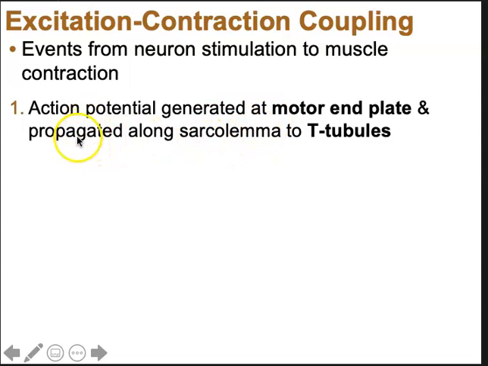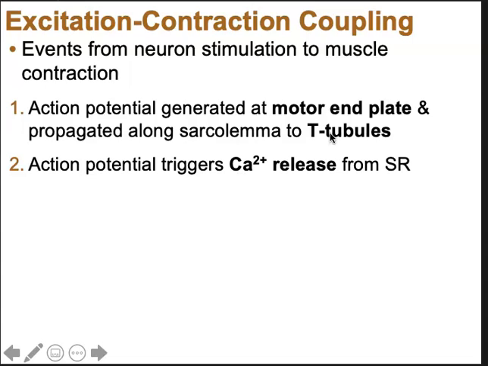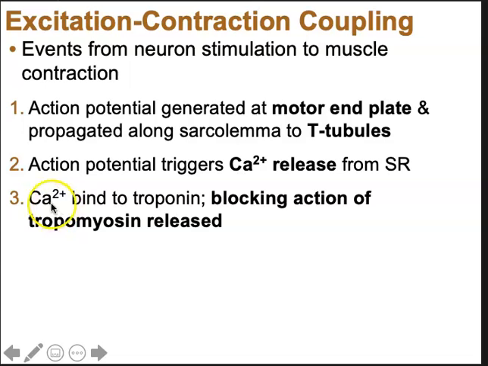So the action potential travels, propagates along the sarcolemma to the T-tubules and down the T-tubules. There, the action potential will open the voltage-gated calcium channels associated with the sarcoplasmic reticulum, which stores calcium, and now this calcium can be released. The calcium will bind to the troponin complex.